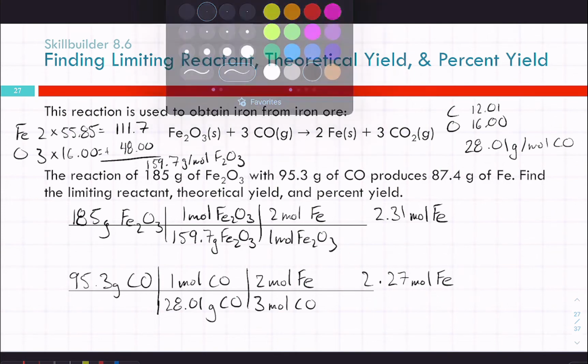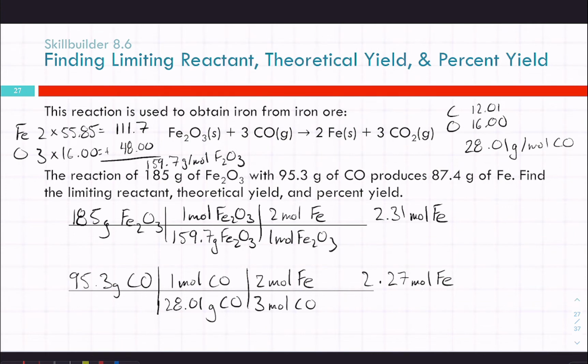So we can convert this 2.27 moles of iron into grams of iron. Let me do that real quick. 55.85. So our theoretical yield is 126, I guess that's all the sig figs we have, 127 grams of iron.